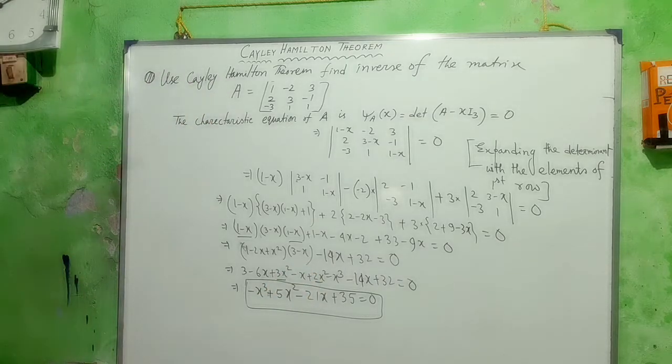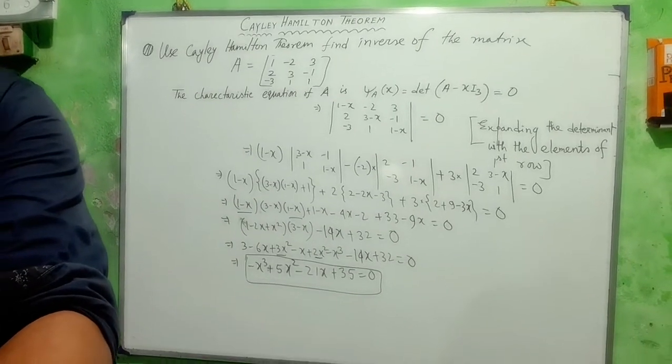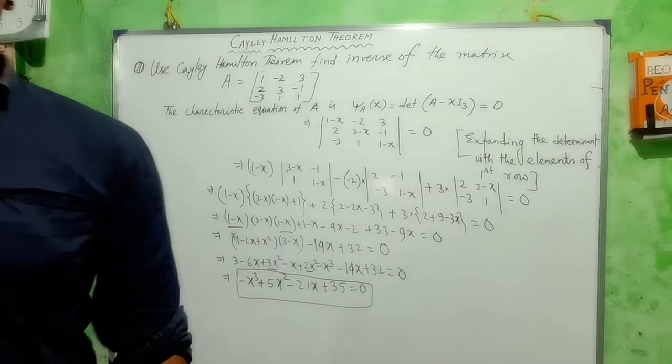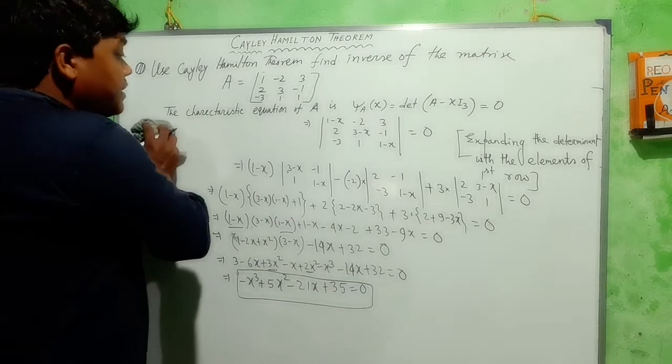So minus x cube plus 5x square minus 21x plus 35 equals to 0. That is the characteristic equation.